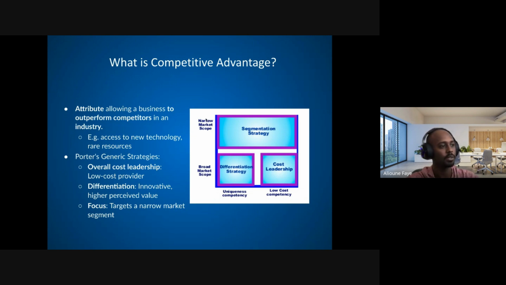If it's broad, you're competing in a big market. The other axis is your strategic strength. If it's weak, you want to go with low-cost competency. If it's strong, then you want to go with uniqueness.